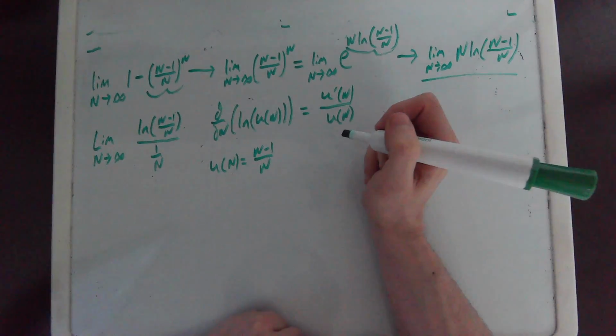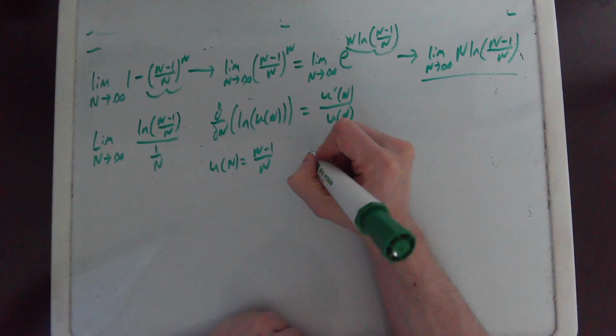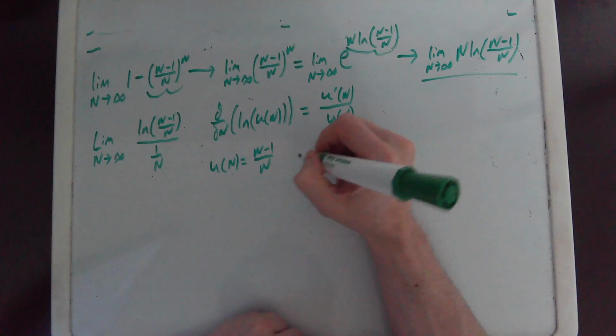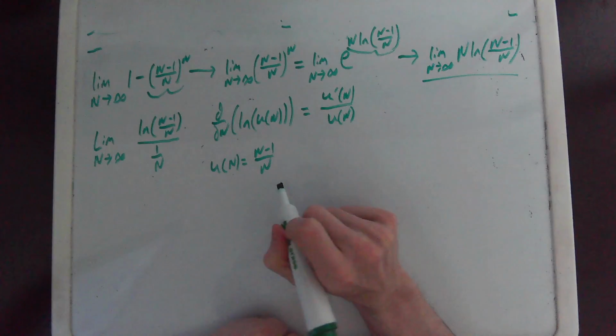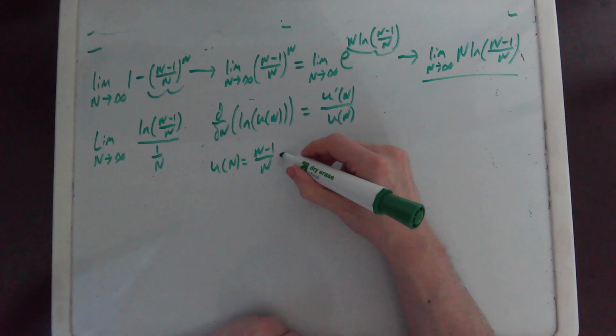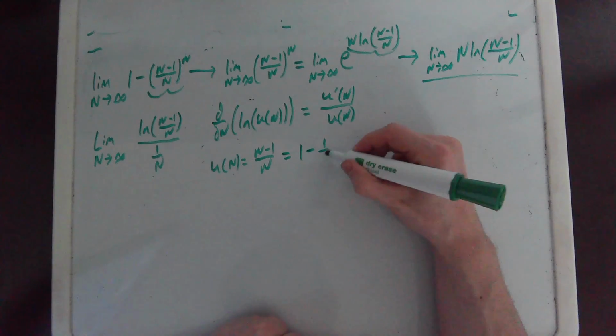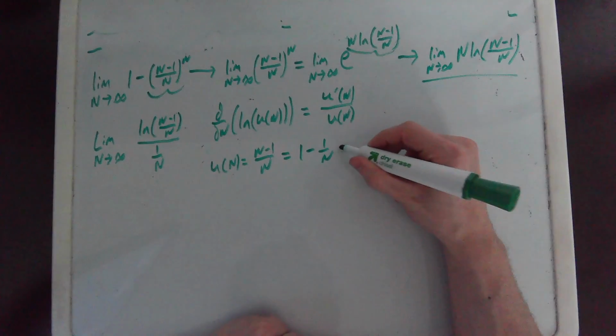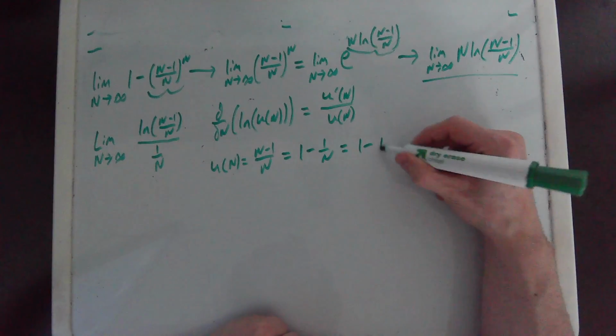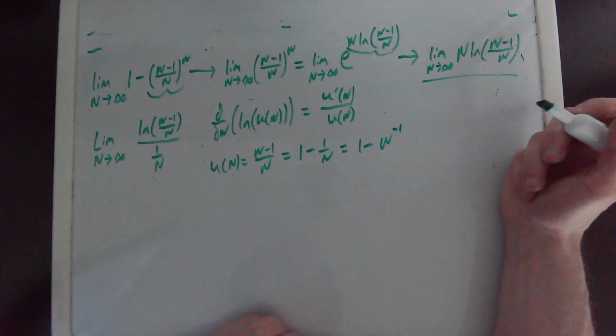Okay, and now we need to compute the derivative of this (n minus 1) over n. Before we compute the derivative, let's rewrite this into a simpler form. This is just equal to 1 minus 1 over n, which is equal to 1 minus n to the power of negative 1.